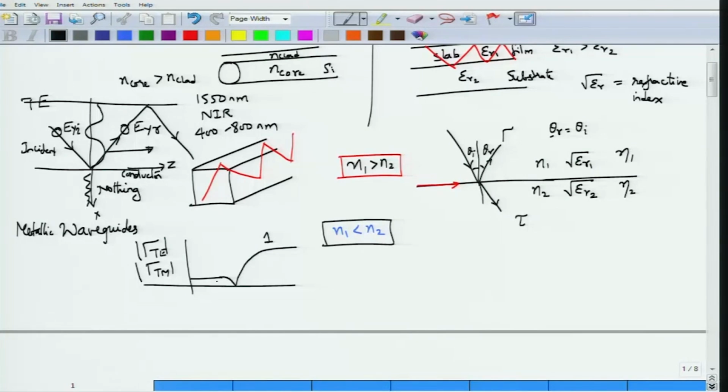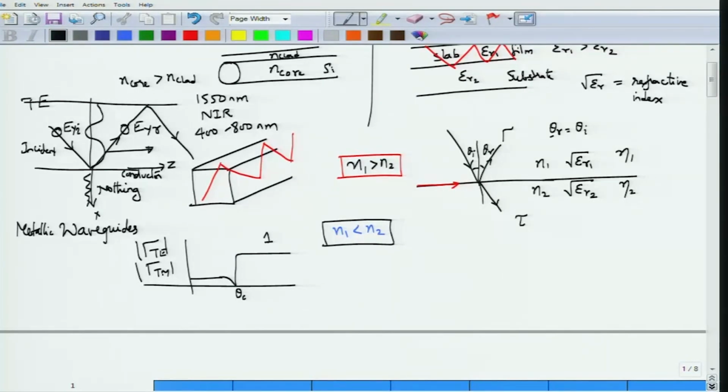So at a certain angle it became 1. I might not be getting this plot correctly, but if you go back to the discussion on reflection and refraction, there we saw that at a certain angle both TE reflection as well as TM reflection shot up to 1. They would just shoot up, right?